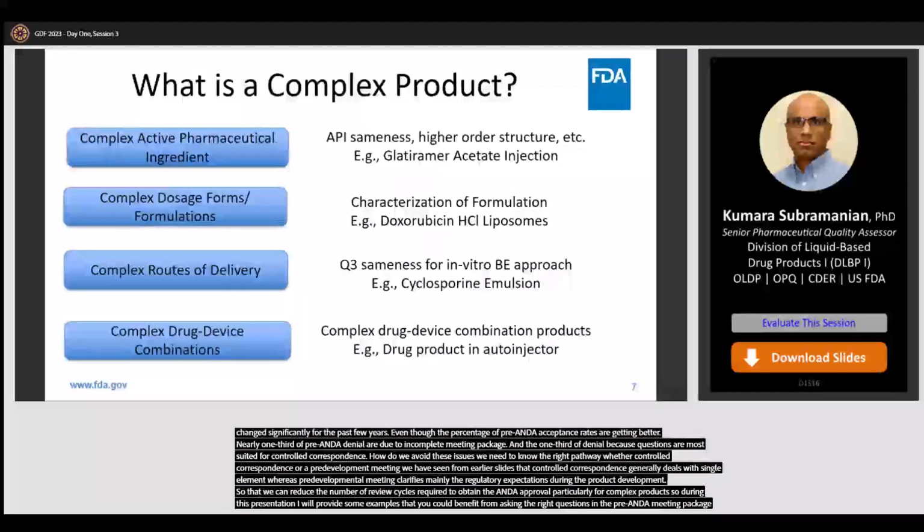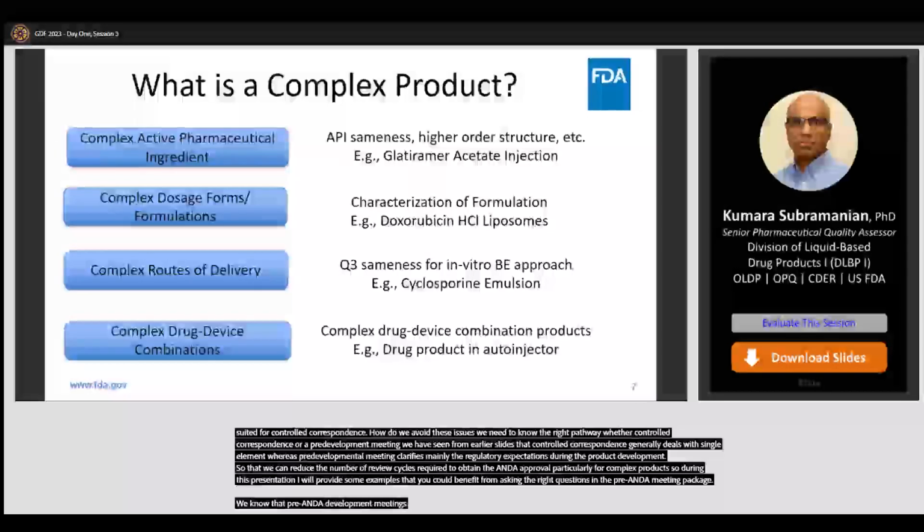We know that pre-ANDA development meetings mainly deal with complex products. So what's a complex product?